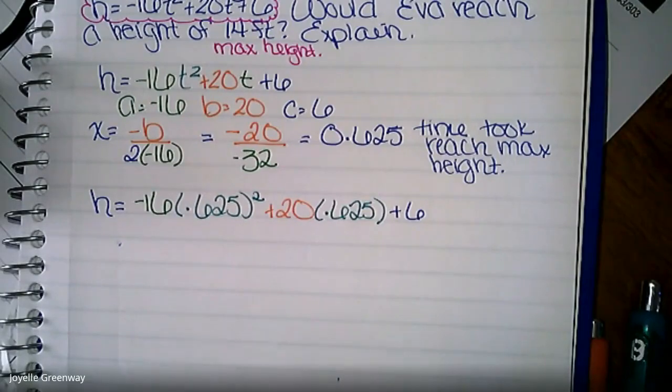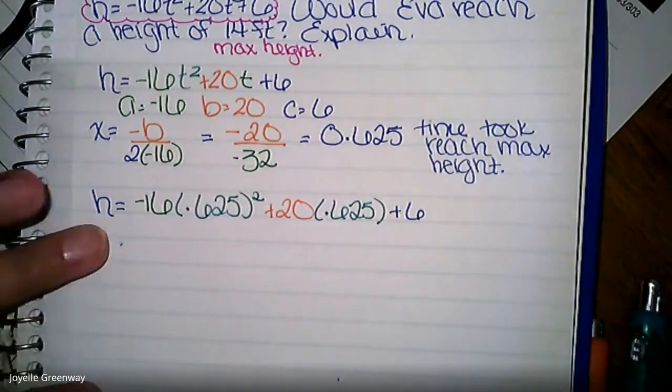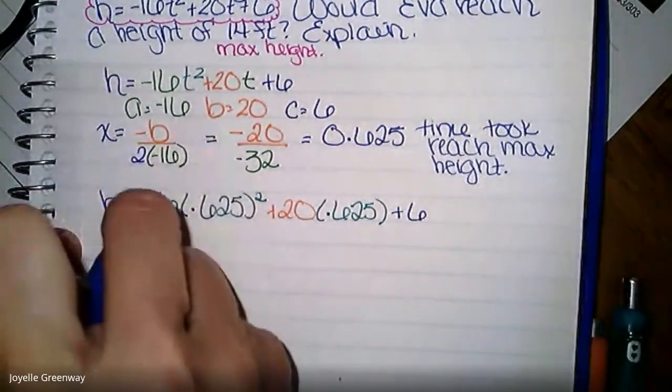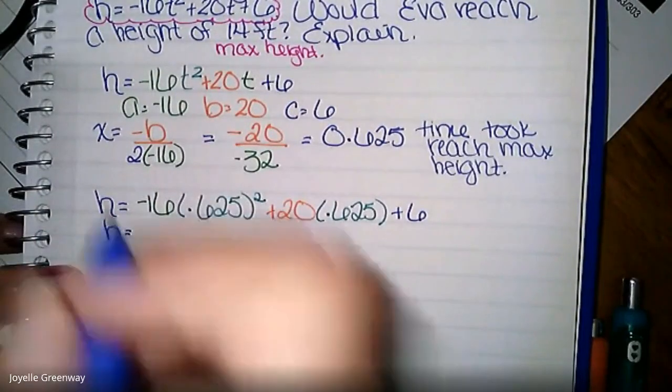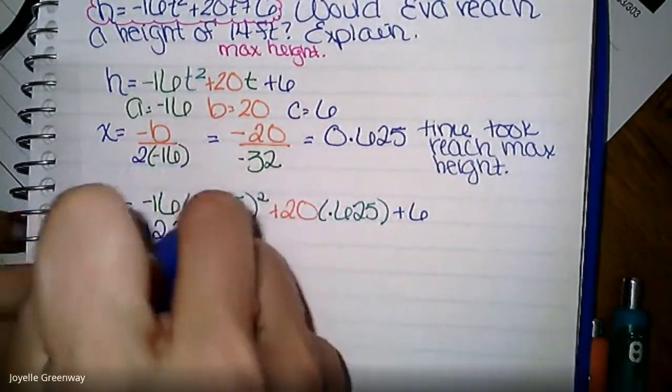Okay. Then I'm going to add 20 times 0.625. And then I'm going to add 6. So after I did that math, I get that her maximum height is 12.25 feet.